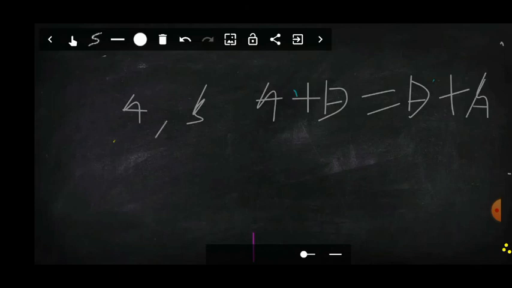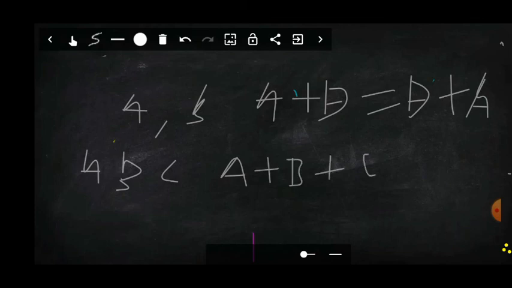And the associative property means if we consider three vectors, A, B and C, then A plus B plus C, if you add two vectors A and B initially and then add C, that should be equal to A plus B plus C taken in another grouping.